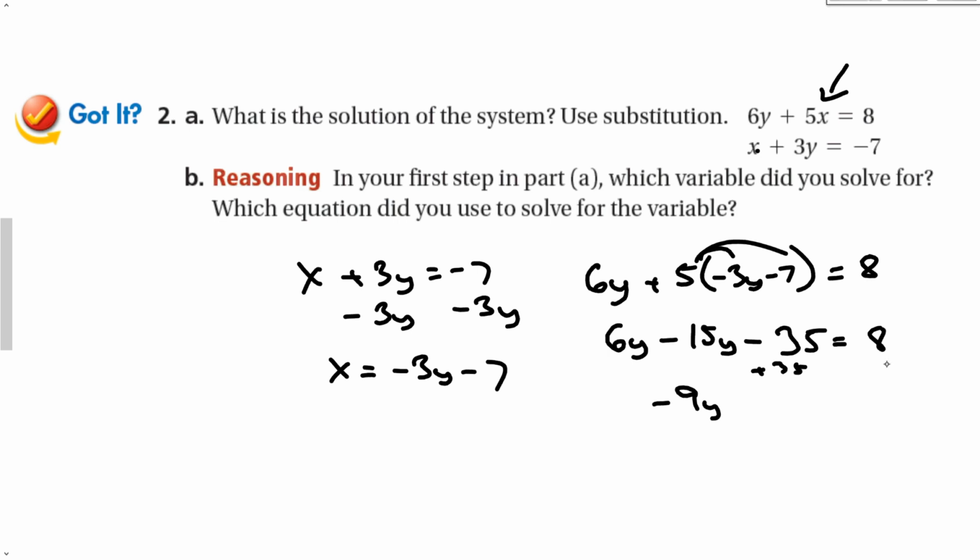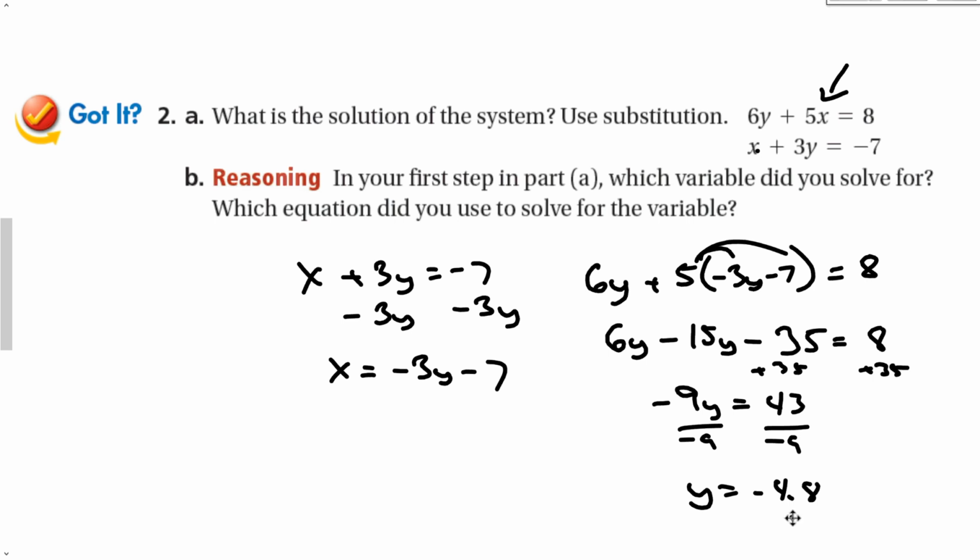Add 35 to both sides, and we get negative 9y is equal to 43. Divide out the negative 9, and we get that y is equal to negative 4.8. We'll round up. Okay.